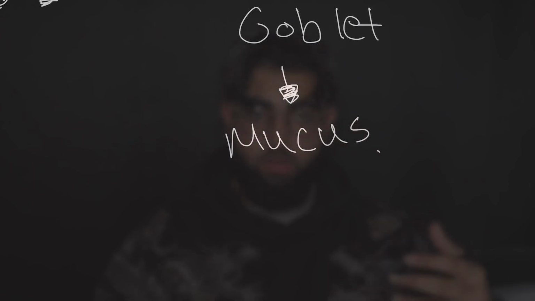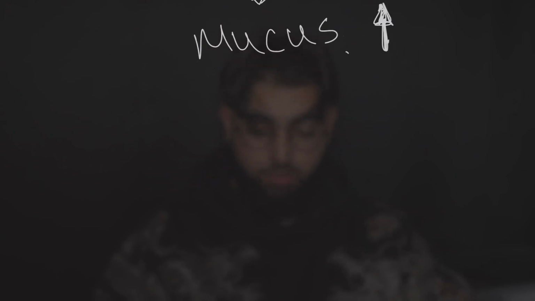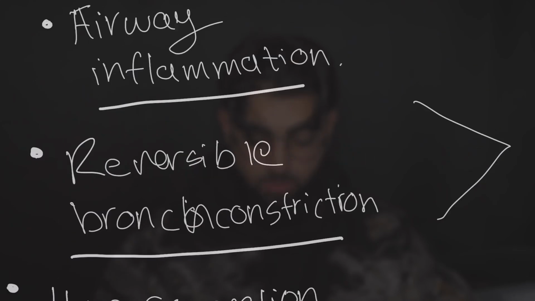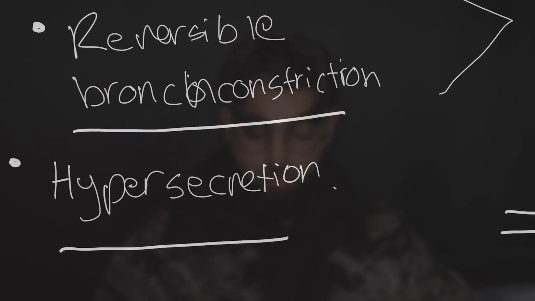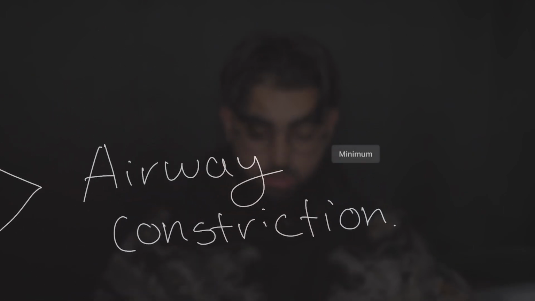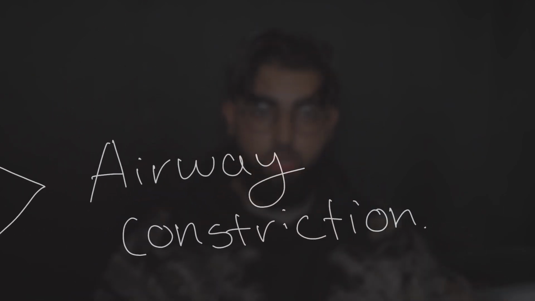But with patients who have asthma, this mucus production is increased highly. When this mucus production is increased, it further contributes to the narrowing of the airways. So in the end, you get an effect of all three processes: chronic airway inflammation, reversible bronchoconstriction, and also hypersecretion that leads to the characteristic features of asthma.